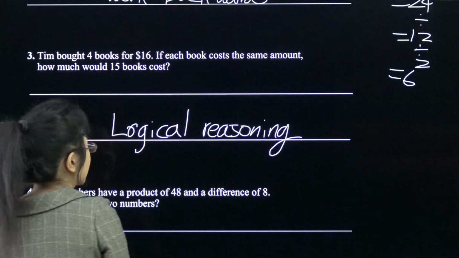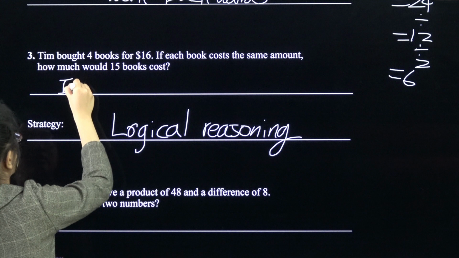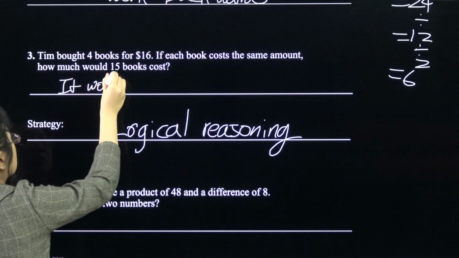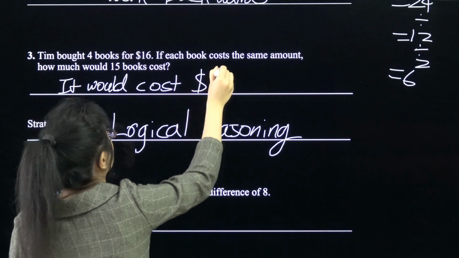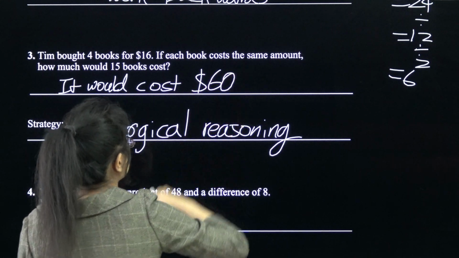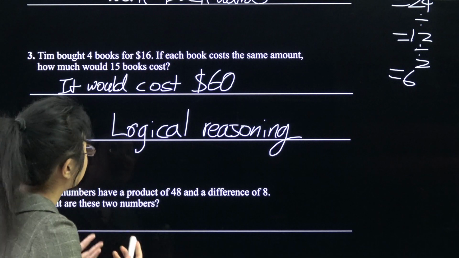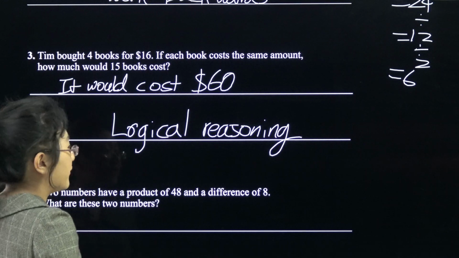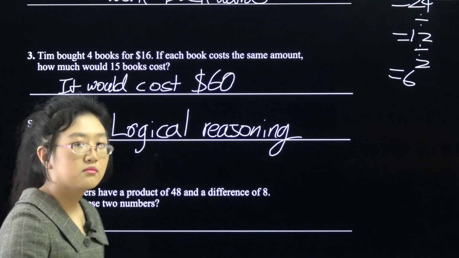What's 4 times 15? $60. It would cost $60. Now, if you really want to check this, you could do 60 divided by 15 equals 4. 4 times 4 equals 16.